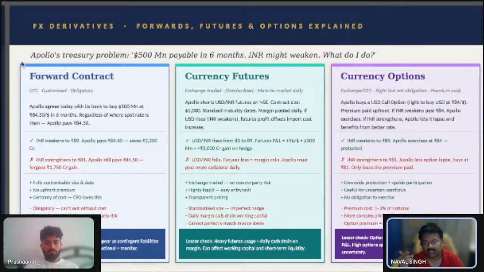Then Apollo pays this much for this much, and the monkey is now off their back. But if in future, this is old data, INR weakens to suppose 95 rupees, Apollo still pays 84.5. So they save 10 rupees 50 paise. If INR strengthens to 81 rupees, Apollo still pays 84.5 and loses 3.5 rupees.